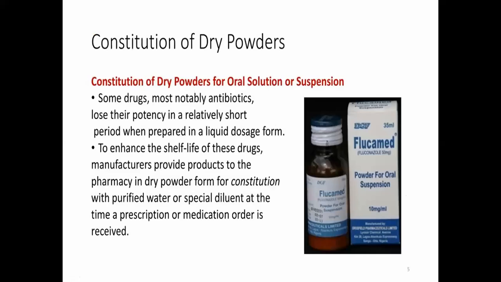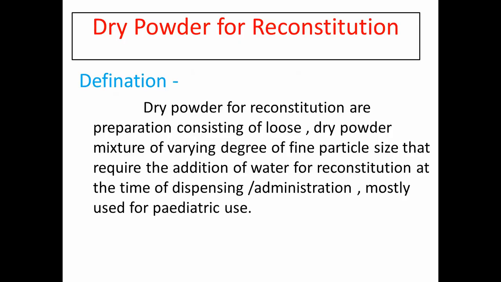In dry powder for reconstitution, some drugs, notably antibiotics, lose their potency in a relatively short period when they are prepared in liquid dosage form. Such drugs lose their potency at a certain time, so such formulations are given in the form of dry powder.